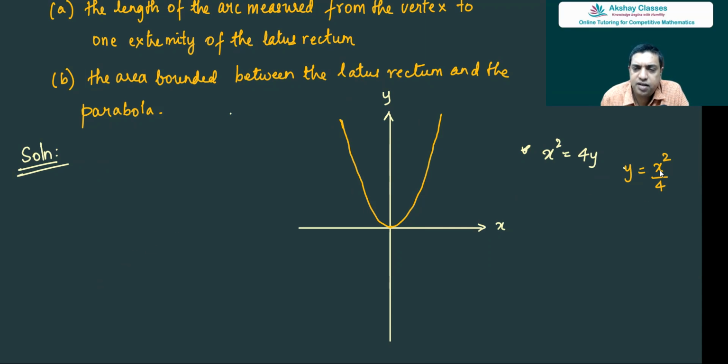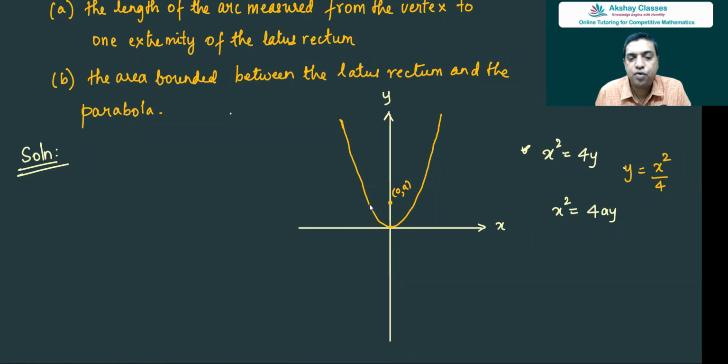It is symmetric about the y-axis because replace x by minus x, the equation of the curve does not change. Secondly, it passes through the origin. And next, where is the latus rectum? We know when x square is equal to 4ay, the focus of the parabola will be at 0 comma a.